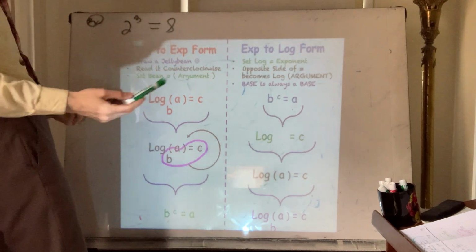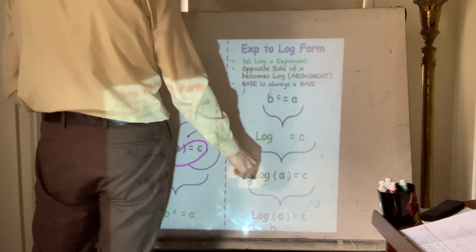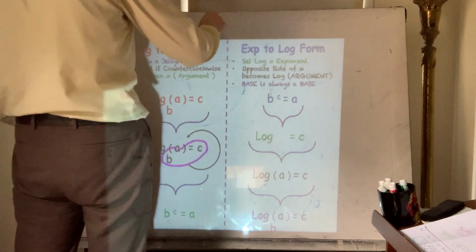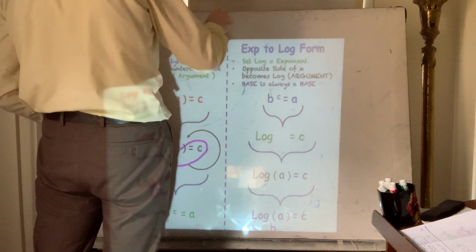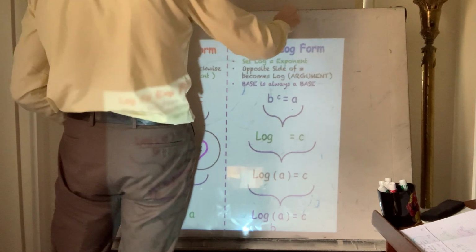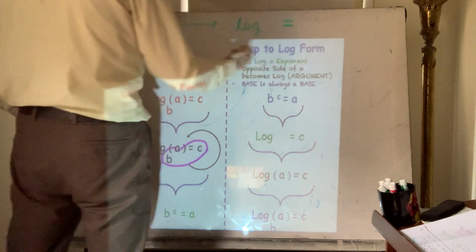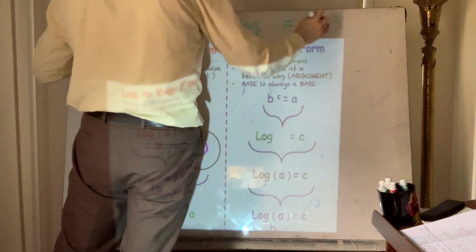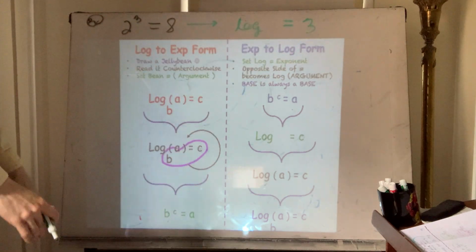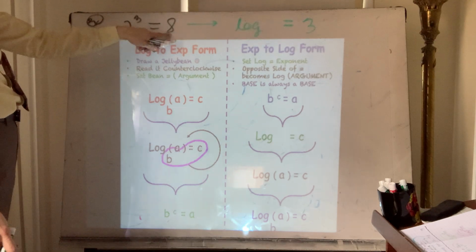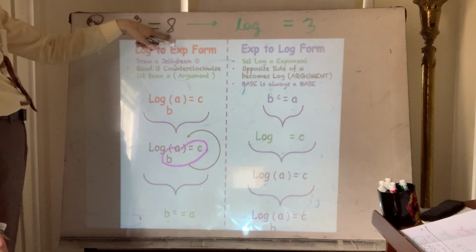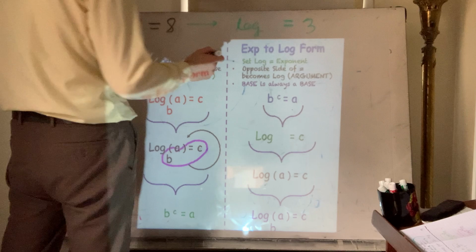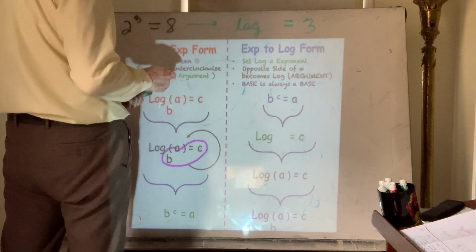I'm afraid to use green, but I'm going to try just for the sake of consistency. Log, little space, and then you set it equal to whatever the exponent is. If the exponent is 3, log something is 3. Then the opposite side of the equals will be the argument, so you would put an 8 in here, in this case.